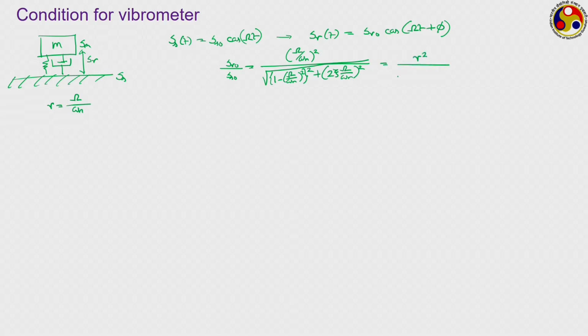R square root over 1 minus R square whole square plus 2 zeta R whole square.